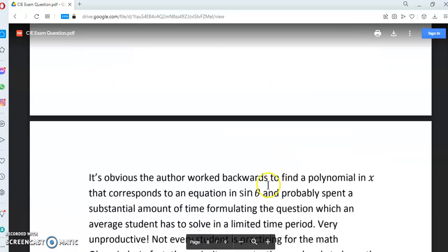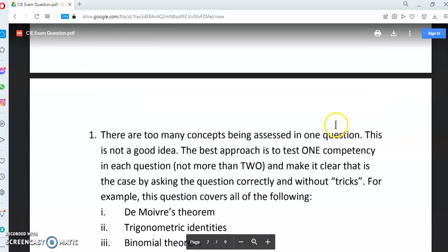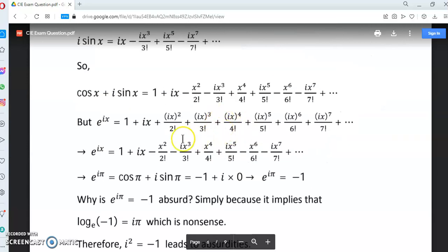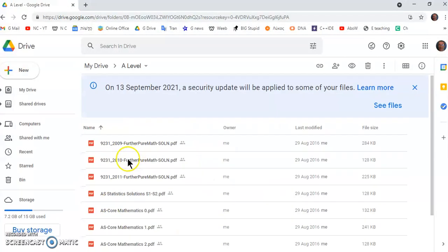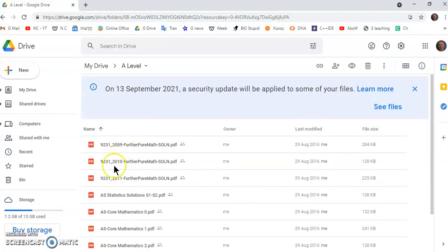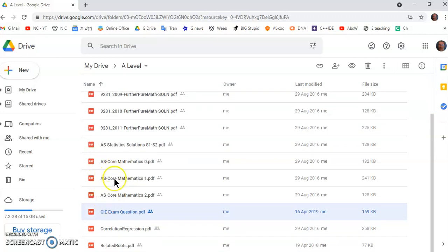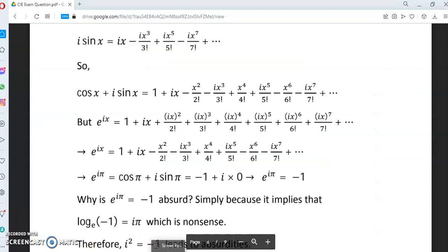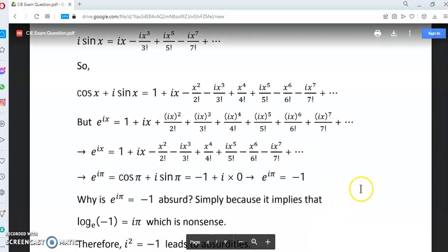So this here may have been a little boring for most of you, but this is typically, in fact, it is a question taken from an A-level paper. So I've solved a lot of A-level papers here, also the AS, and so what I do is, as I said early on, is I help my students by getting them used to the type of questions.